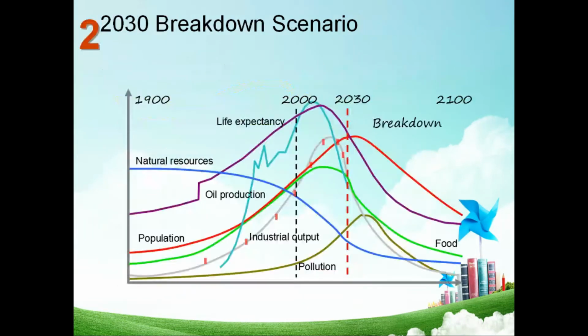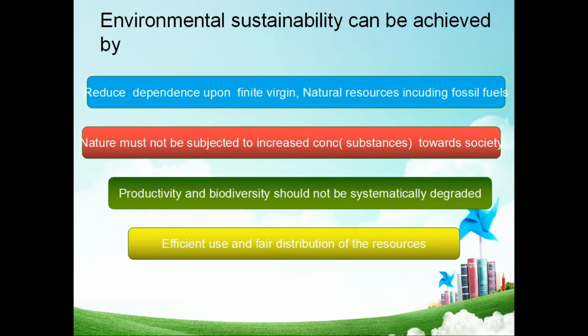Apart from this, we have also got to know environmental sustainability can be achieved through reducing the dependence upon the finite resources which are to be utilized in the future, or which are already in use, that we need to protect. Thereby we need to reduce the dependence. The next important thing is nature must not be subjected to increase in the concentration of substances from the society.